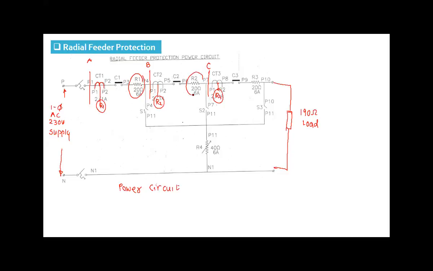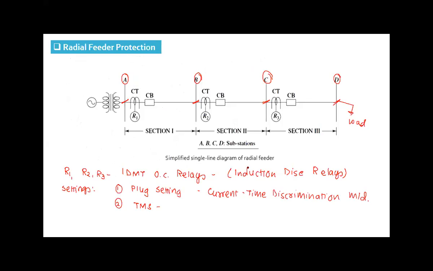This is between B and C, and this is between C and D. You can see here it is D, and this is the load. I hope the diagram is clear. So these lines are all 20 ohm rheostats, and this is 190.